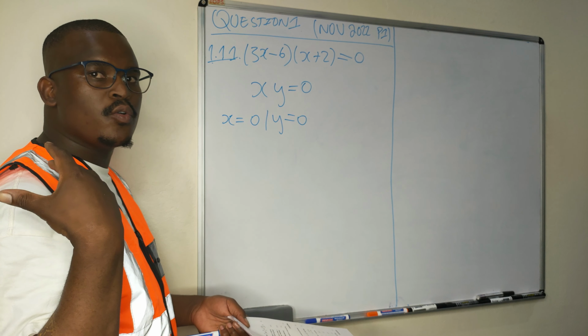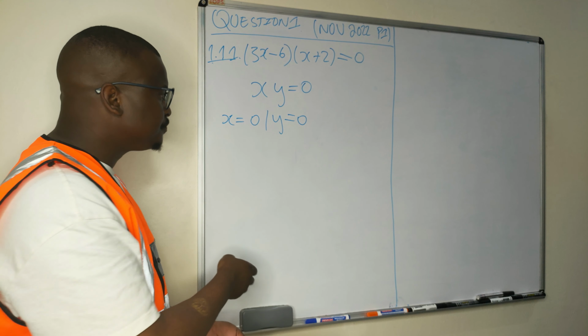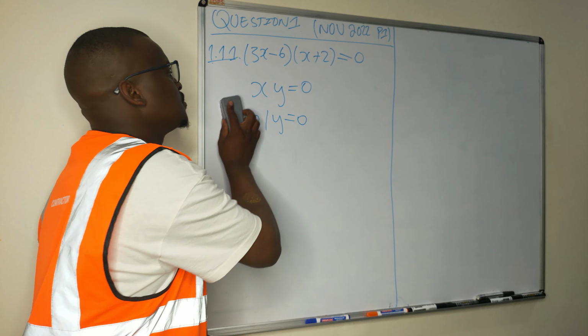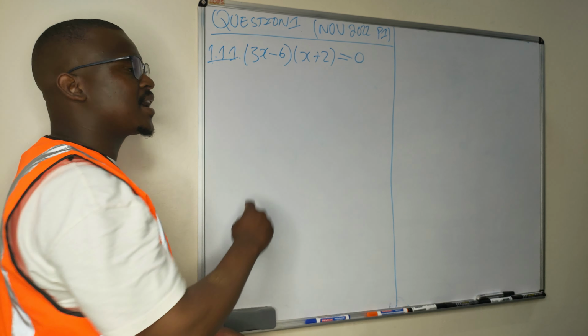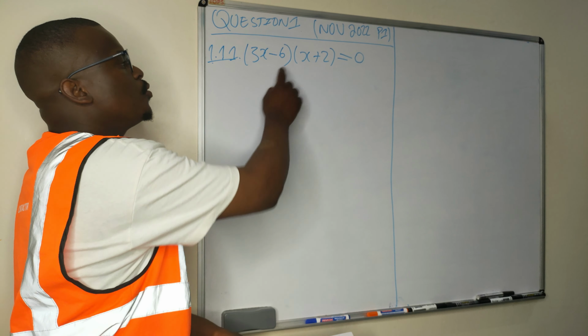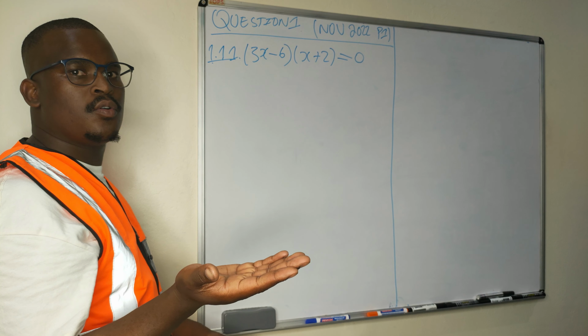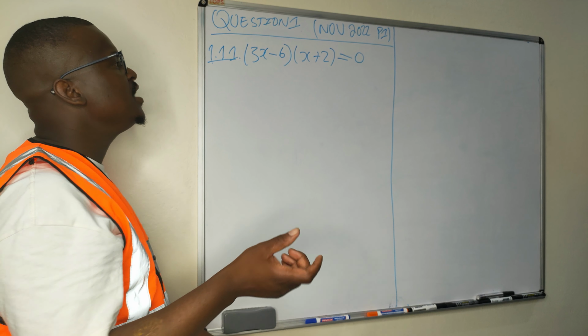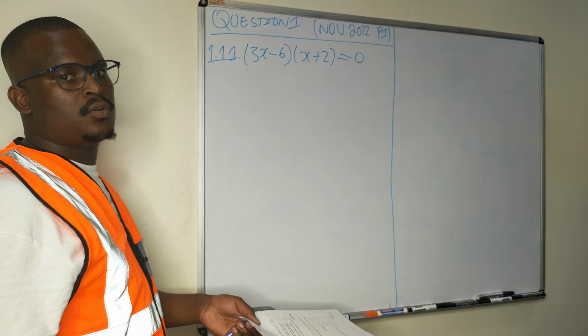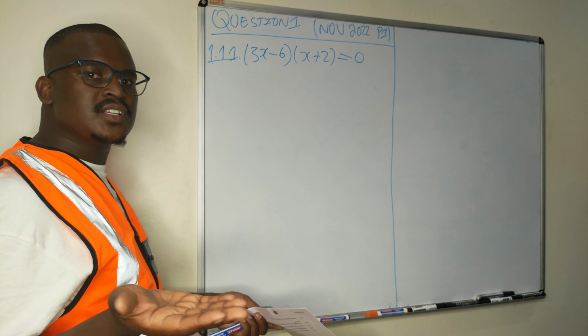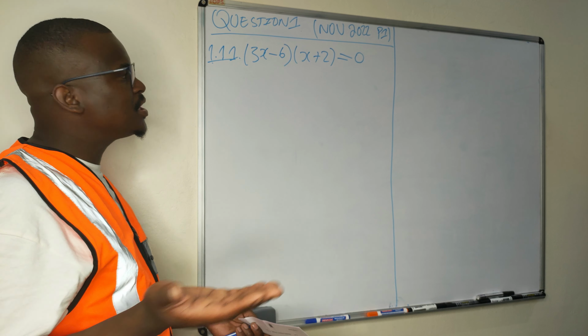That's what you should always know. Looking at these two brackets, you're told that the product of these two brackets is 0. It tells you that at least one of them should be 0.